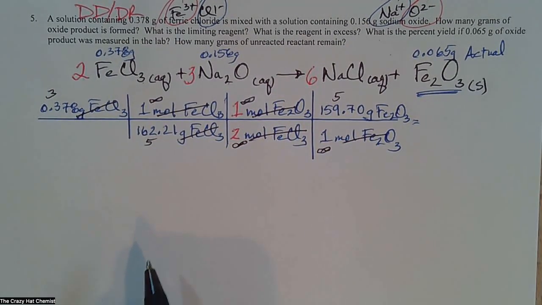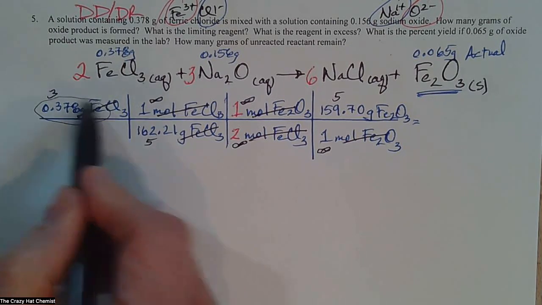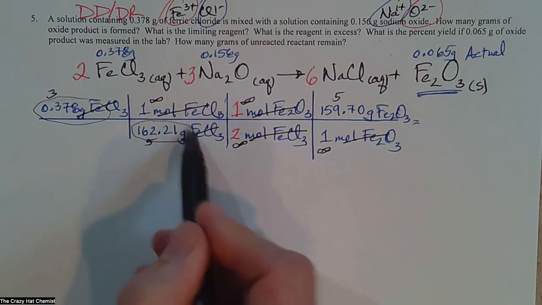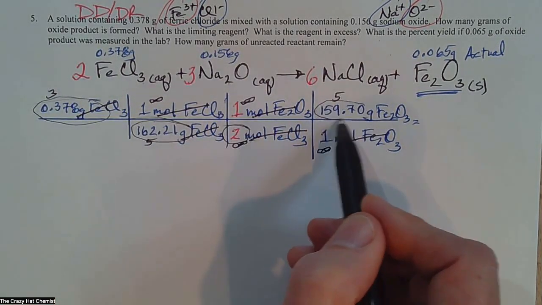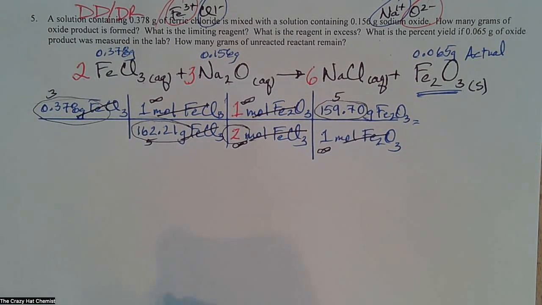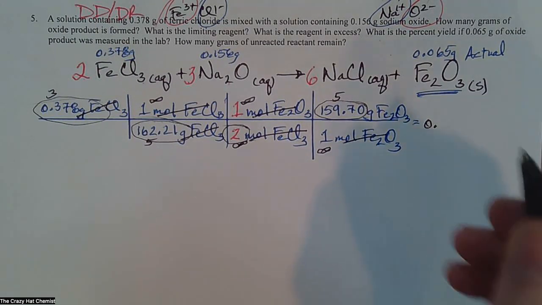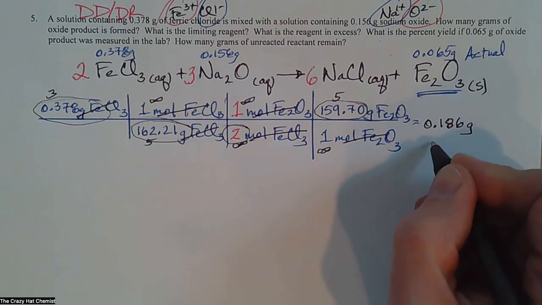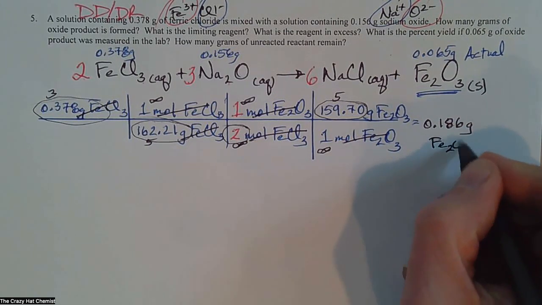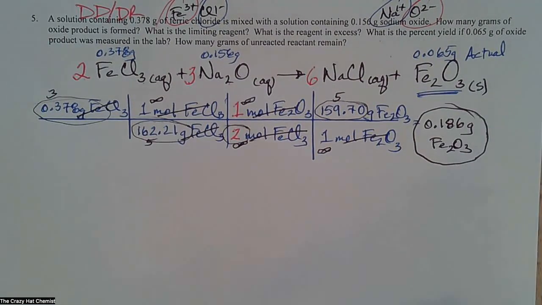In my calculator, I'm going to plug in the following numbers: 0.378 divided by 162.21 divided by 2 times 159.70. Now I'm going to round that number to 3 significant figures. That will be 0.186. The units are grams. The formula is ferric oxide. And this is one of my potential answers here.